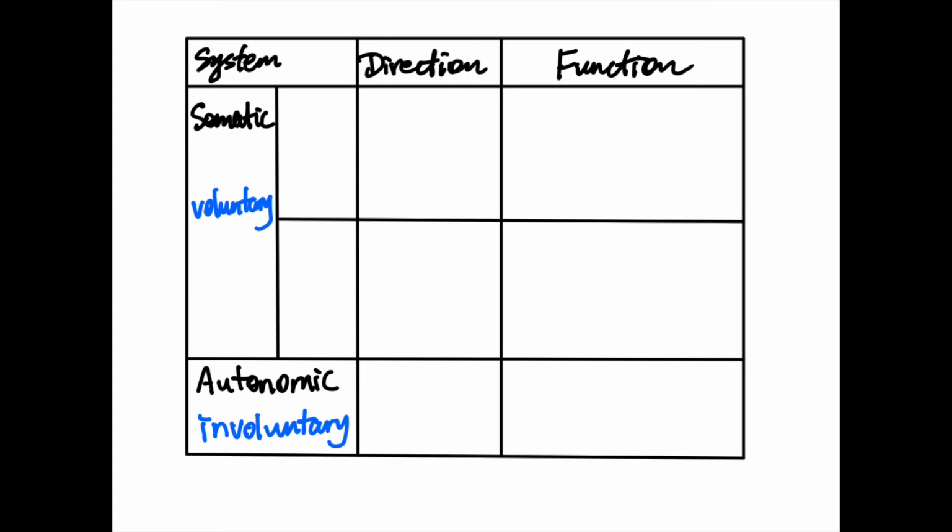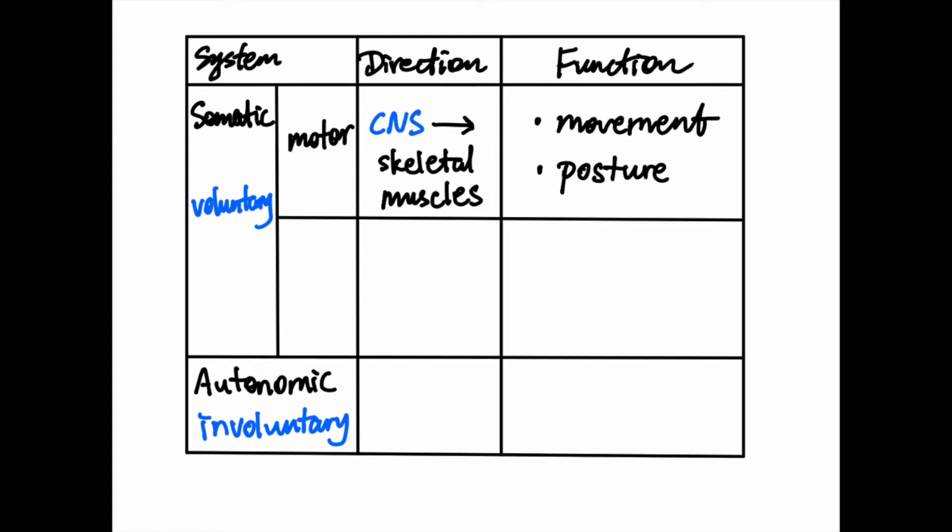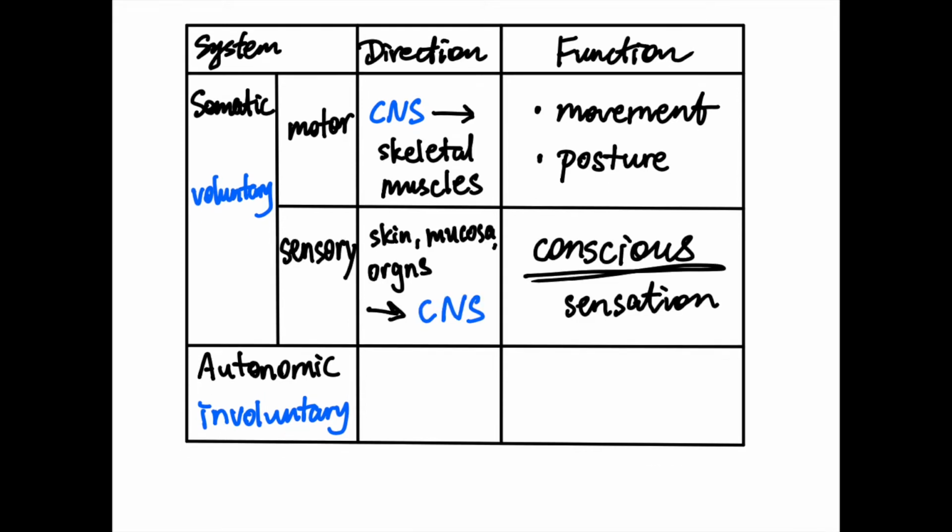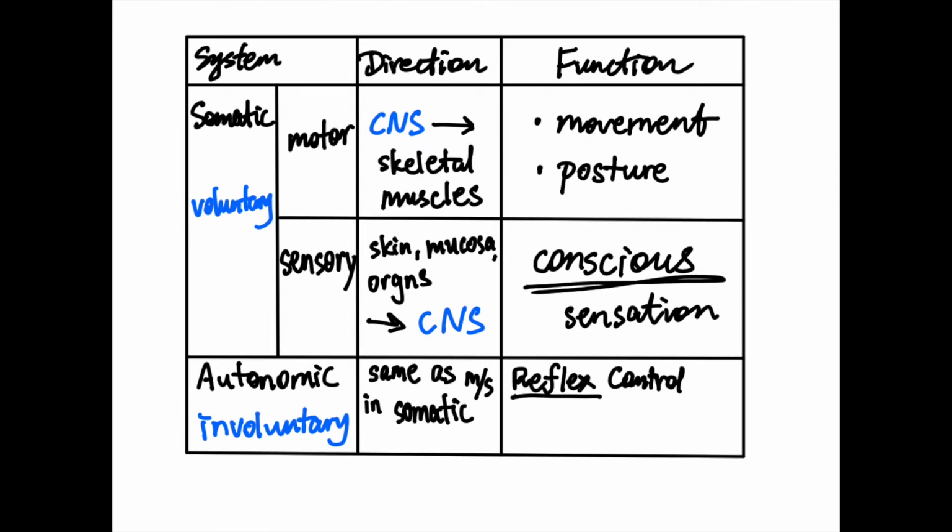The somatic motor nerves provide motor information from the central nervous system to the skeletal muscles for voluntary control of movement and posture. The somatic sensory nerves provide conscious sensation to the central nervous system from skin, mucosal surfaces, and organs. The autonomic nervous system is responsible for reflex control of smooth muscles, cardiac muscles, and secretory glands.